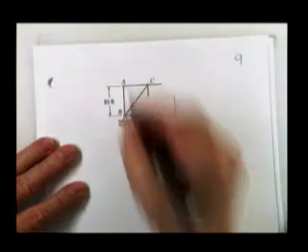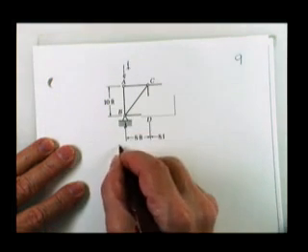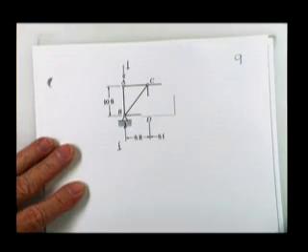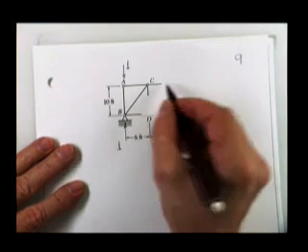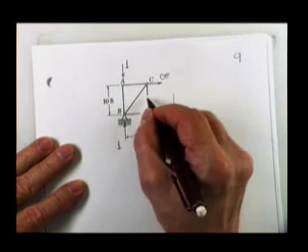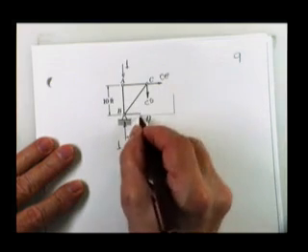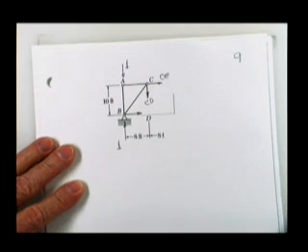Here is your free body, unit load at A, unit reaction at B. Here's my force in CE. Here's my force in CD. Here is my force in BD.